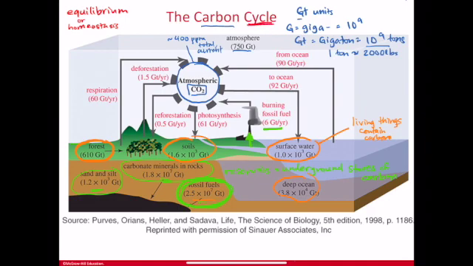Okay, and so this was a natural cycle established through the billions of years that Earth has existed, and this has been disrupted. What's indicated in red are deforestation, respiration, reforestation, photosynthesis, burning fossil fuel, to and from the ocean. Anything indicated in red is carbon moving through the system.